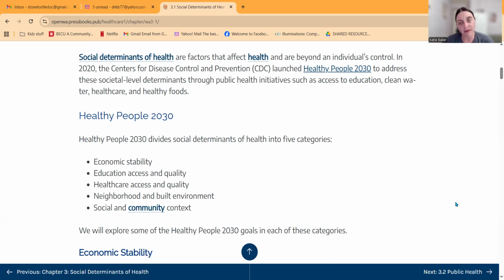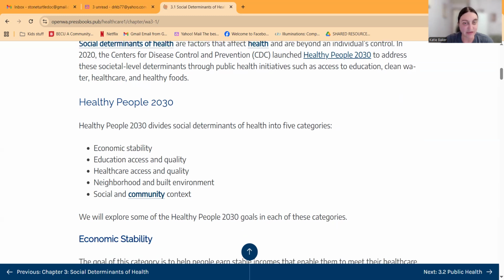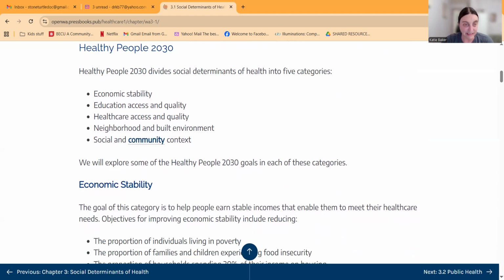And also, it might be worth looking historically at Healthy People 2020 or Healthy People 2000 to see where we've come in the last 10 to 30 years in terms of the public health goals from the Centers for Disease Control and Prevention, or CDC.